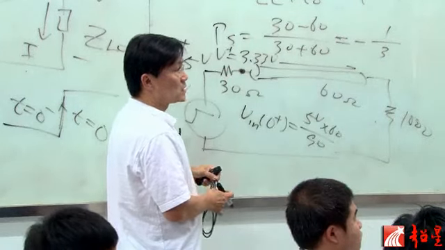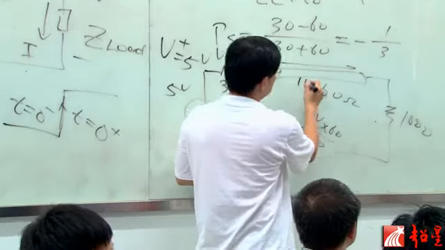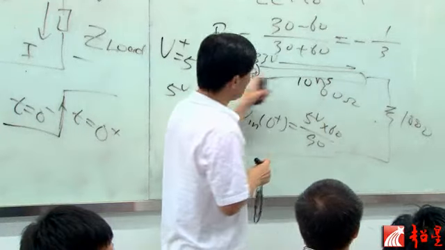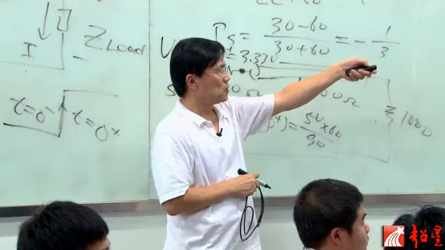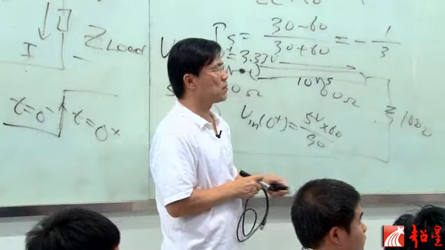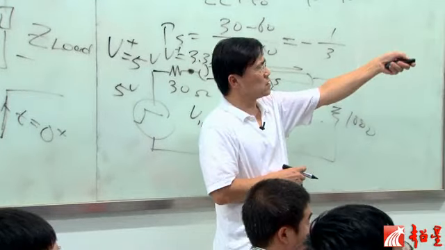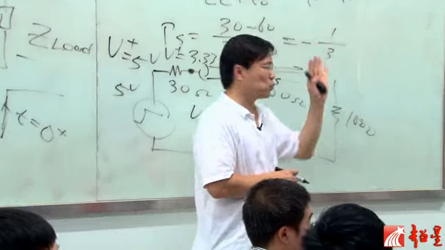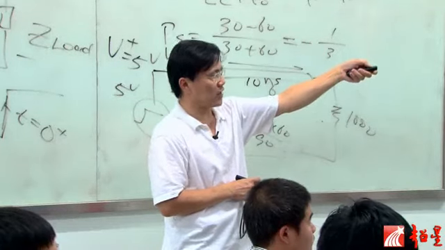And then it takes 10 nanoseconds for this wave to reach this point. Once it reaches this point, you're going to have reflections, right? So I use this to time the instances to indicate when the wave hit this point and when the wave started to reflect.